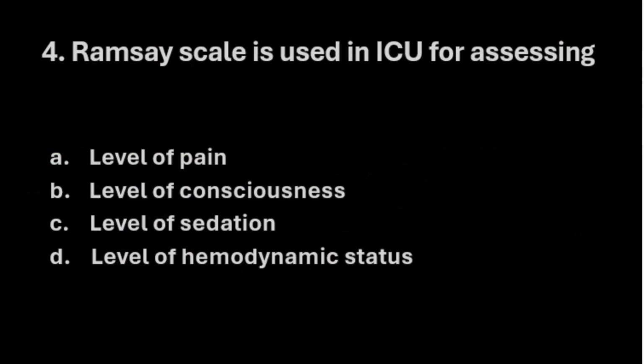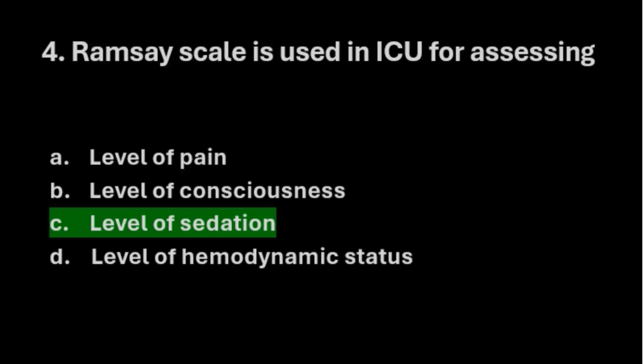Next question. Ramsay scale is used in ICU for assessing option A, level of pain, option B, level of consciousness, option C, level of sedation, option D, level of hemodynamic status. The right answer here is option C, level of sedation.